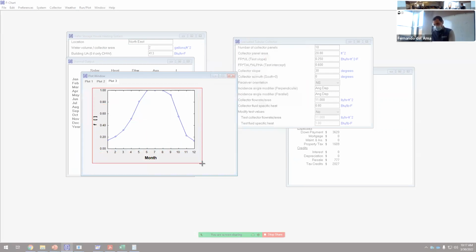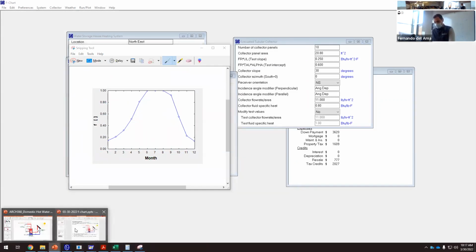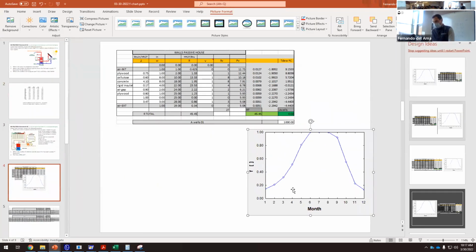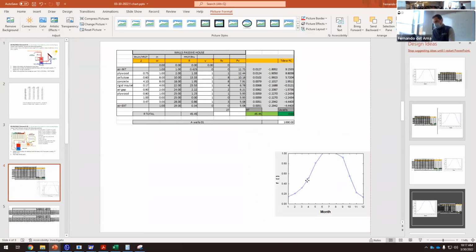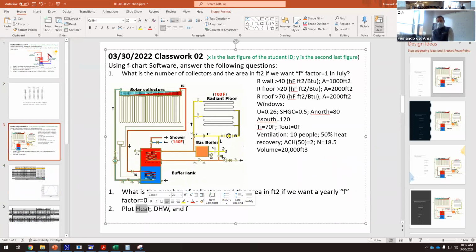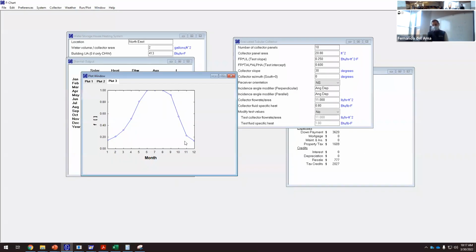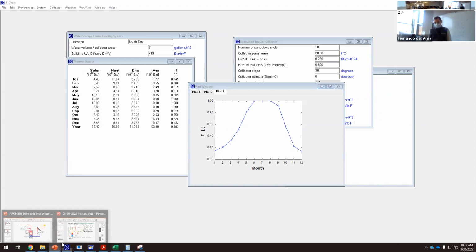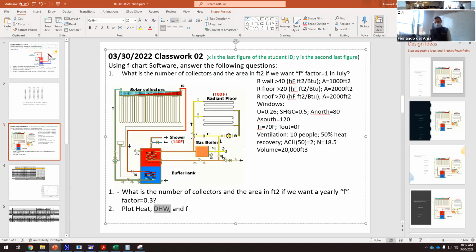Okay, so we can copy these graphics: the F, the heating, and the domestic hot water use. You have to copy these three elements here, and I think this is quite good.